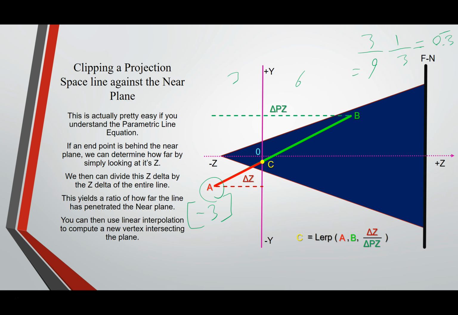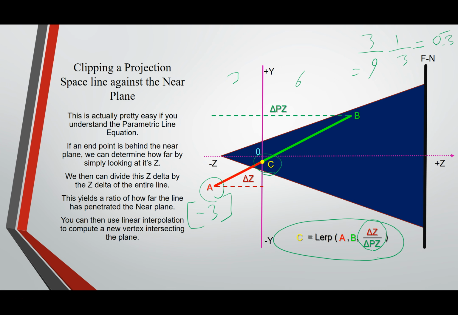So this is really handy because if you remember your parametric line equation, if you know the ratio, you can solve the point on the true line, exactly. So we can solve point C here if we solve the ratio. And here's the formula to do that right here, C being a vertex. So by dividing the two deltas, you get your ratio. You can then place your ratio into your standard linear interpolation formula, and you can interpolate from A to B the ratio amount ending up at C. So this is pretty powerful.